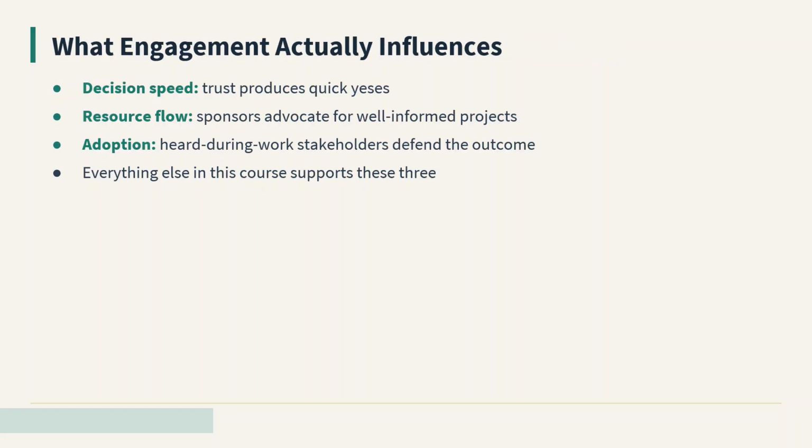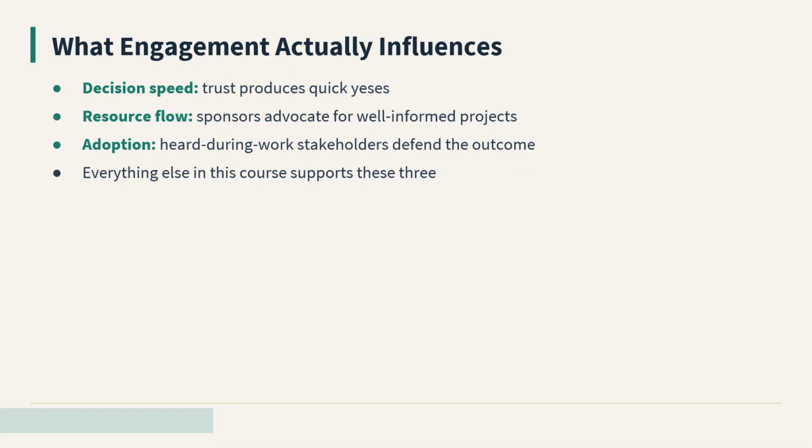Strong engagement determines three things that no tool can compensate for. It determines how fast decisions happen, because stakeholders who trust you respond quickly, and stakeholders who do not delay out of caution. It determines what resources your project gets, because sponsors advocate for projects whose managers have kept them well informed.